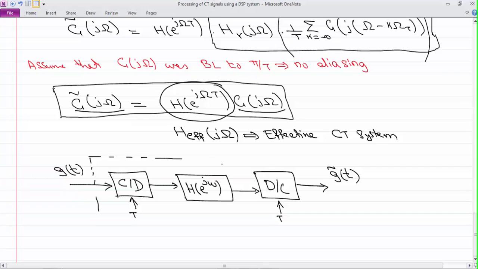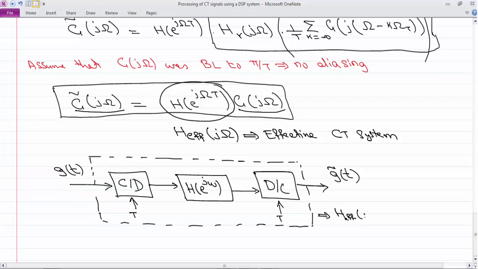The effective action of this is equivalent to my discrete time filter H of e to the j little omega, with little omega replaced by capital omega T. So this acts as an effective filter, H effective of j omega, equal to H of e to the j little omega with little omega replaced by capital omega T.